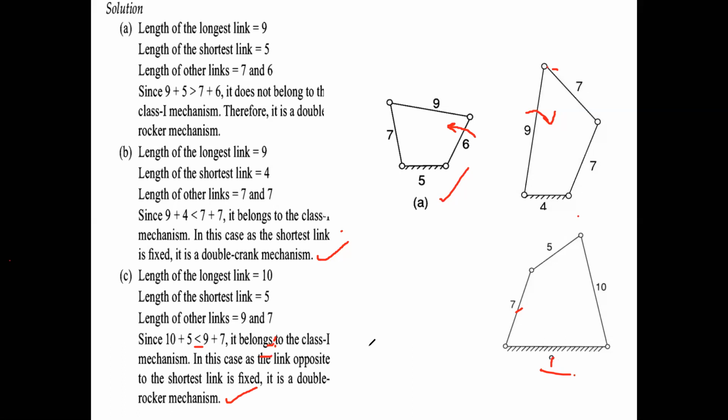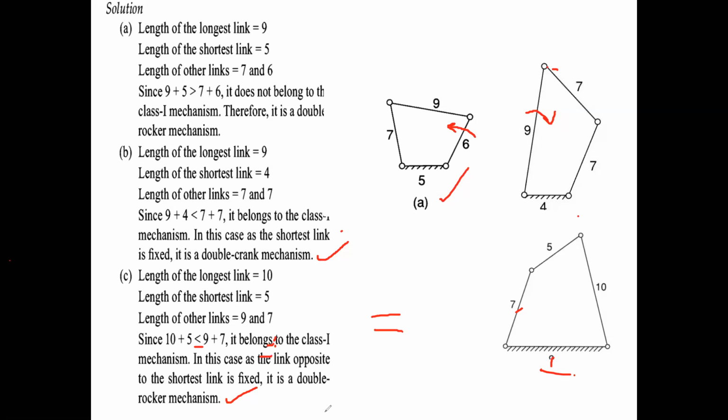So what conditions have we seen here? Only less than and greater than. But sometimes it may also be equal. Then what type of mechanism happens when both values are equal? At that time, the crank and rocker mechanism will happen.